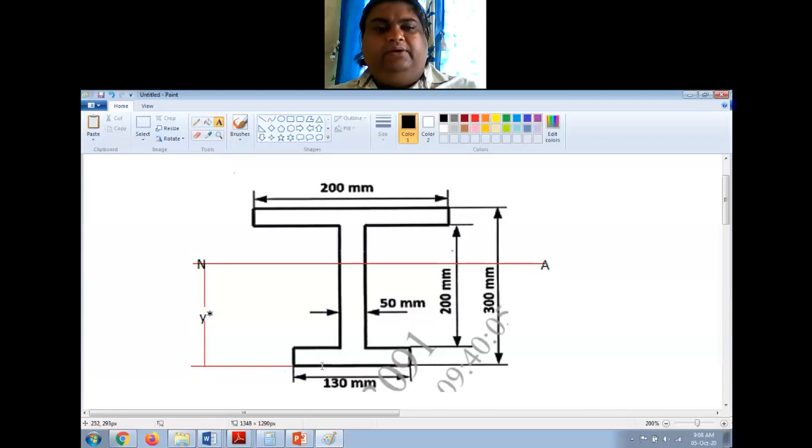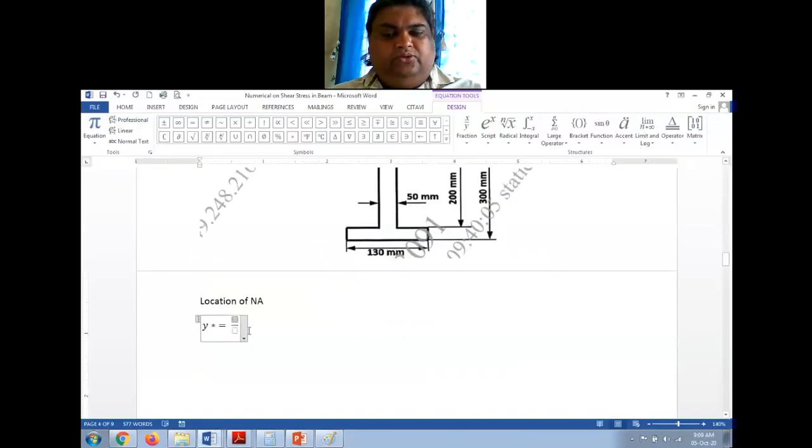Basically, it is a1 y1 plus a2 y2 plus a3 y3 divided by a1 plus a2 plus a3. Right? Now, a1 is 130 by 50 and y1 is 25 mm. This is 50 millimeter and this is 50 millimeter. So I'm directly putting the values. I'm not writing the equation.